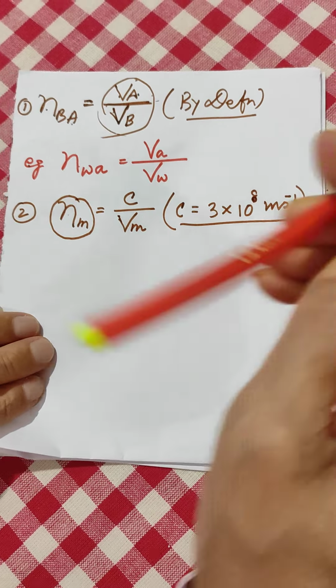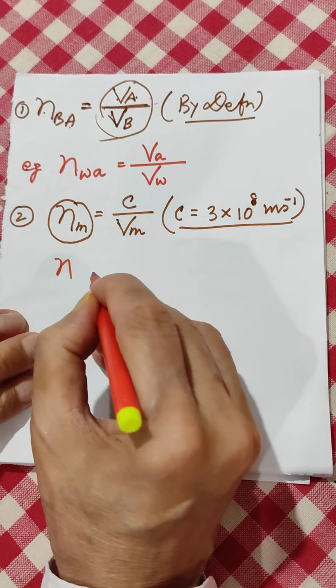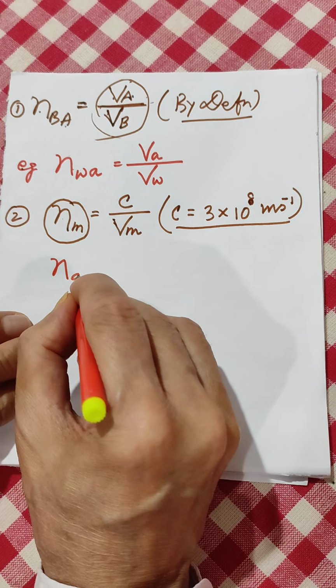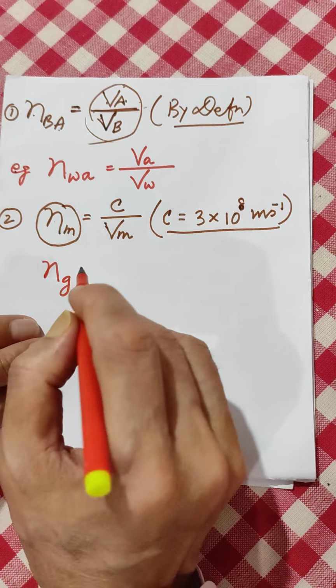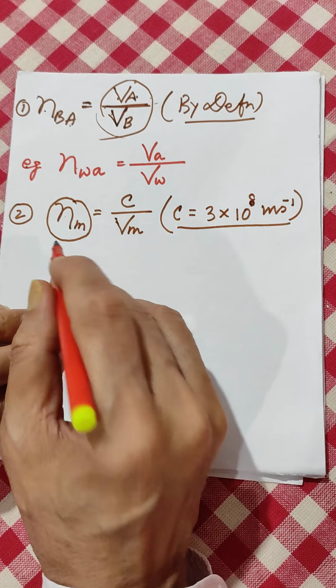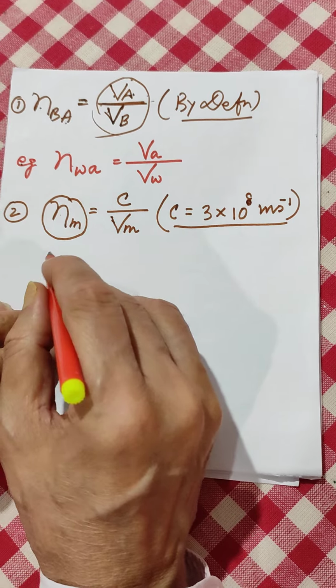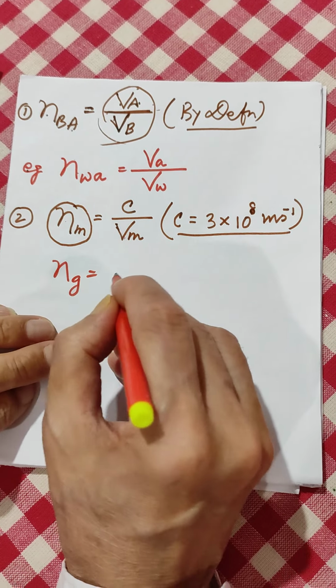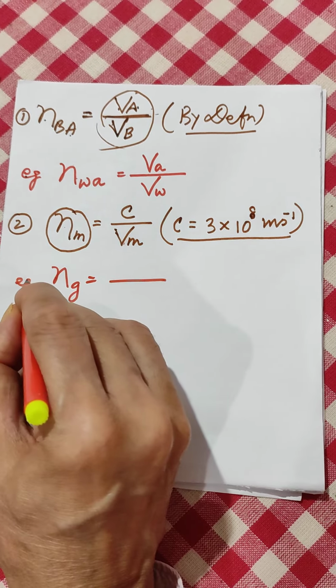That means suppose you want to find the refractive index of, say, glass. Suppose you want to find refractive index of glass with respect to vacuum, that means absolute refractive index. Now you will use the formula. So this is an example.